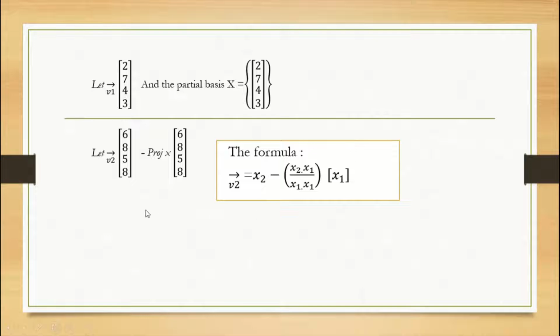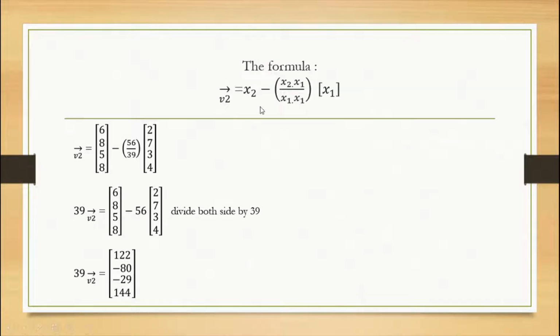By using the formula, we enter all the numbers: vector 2, 6, 8, 5, 8, minus 56 over 39 times vector 2, 7, 3, 4.